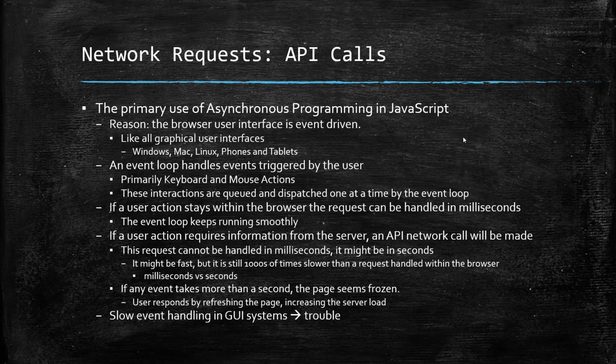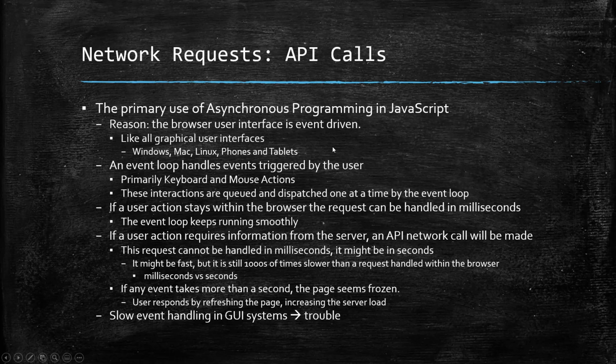But from the event loop's perspective, the action has been responsive. So anytime you have slow event handling in GUI systems, it leads to trouble. So that's why we have asynchronous calls in general, and that's why asynchronous calls are important from a JavaScript perspective, primarily making network calls.